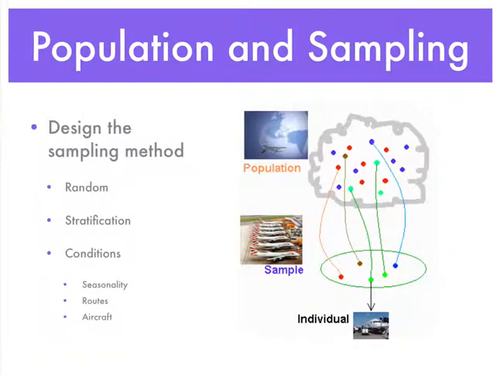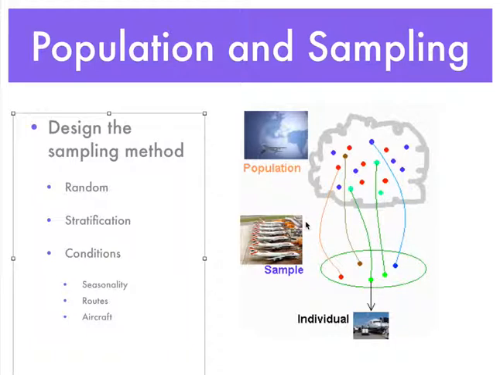After we have identified the population, then we need to identify a sampling method. In any situation where you're going to draw a sample and then make an inference from that sample to the population, you need to have some form of a random sampling method. It could be some type of stratification.